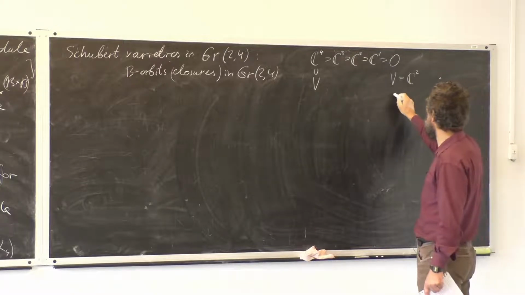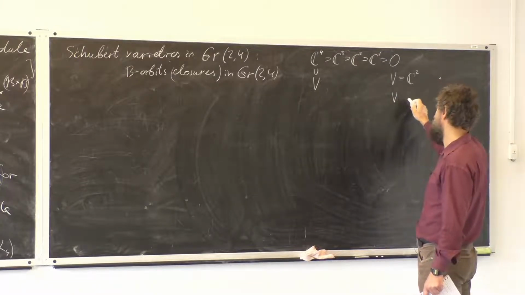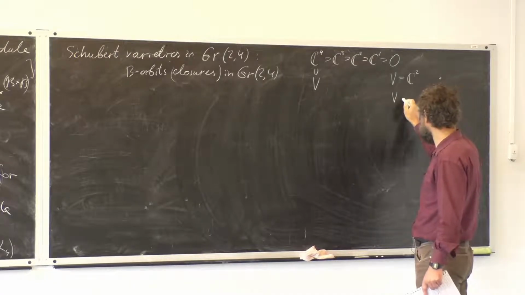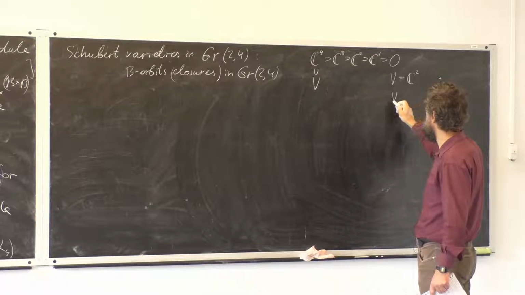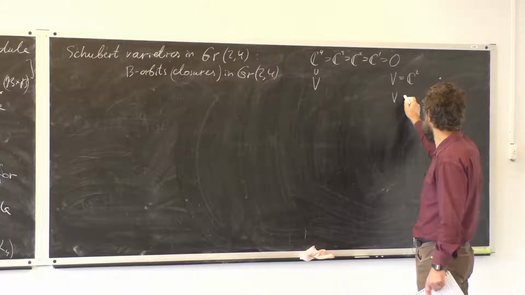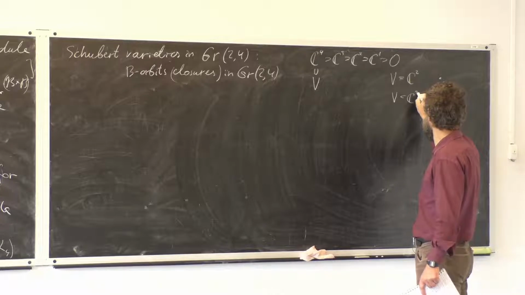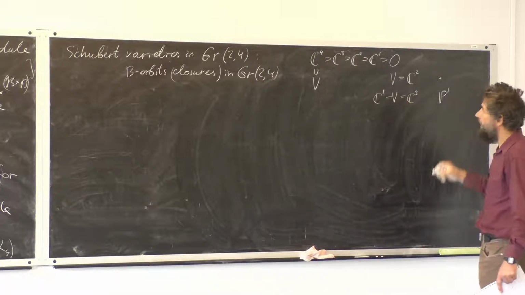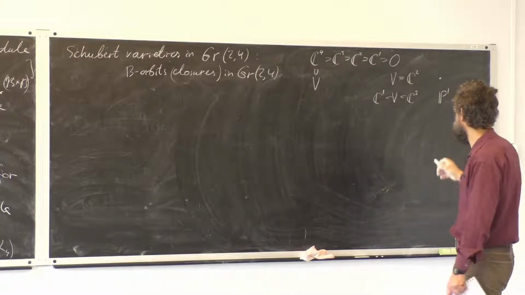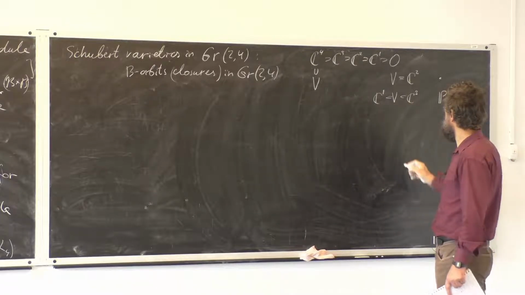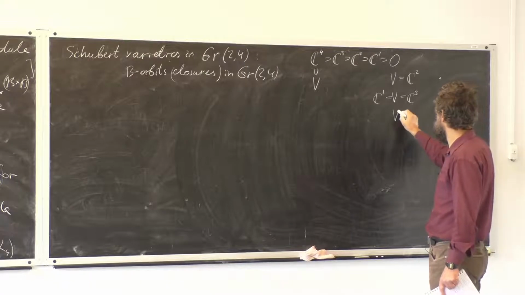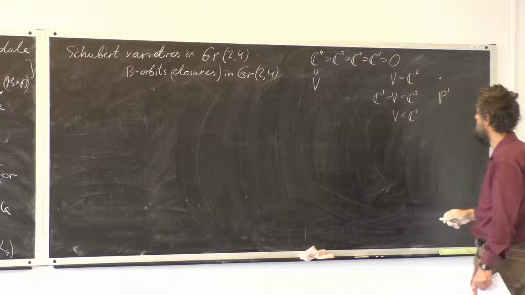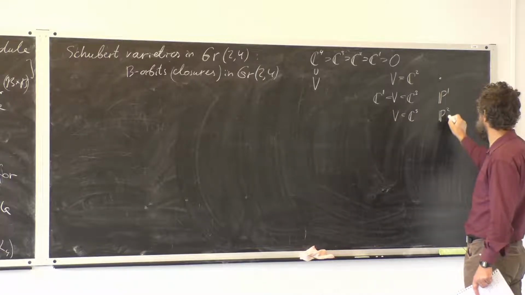Then there is a possibility that V is contained between C3 and C1. And this is just V1. Okay. Then there is a possibility that V is contained in C3, and this will be P2.